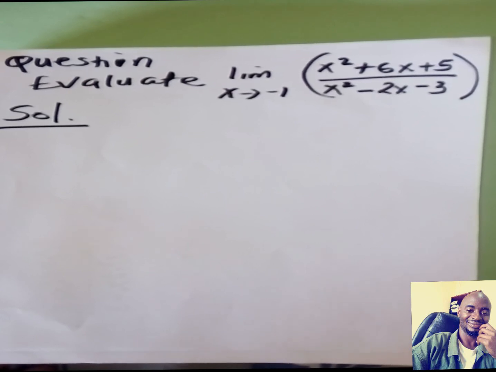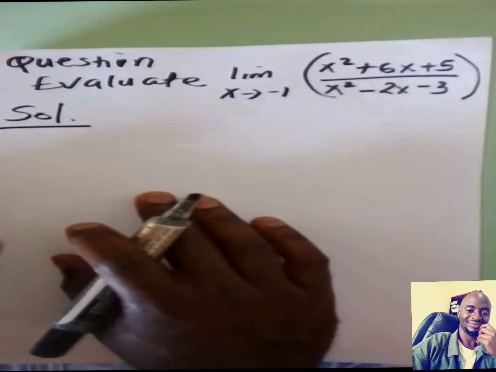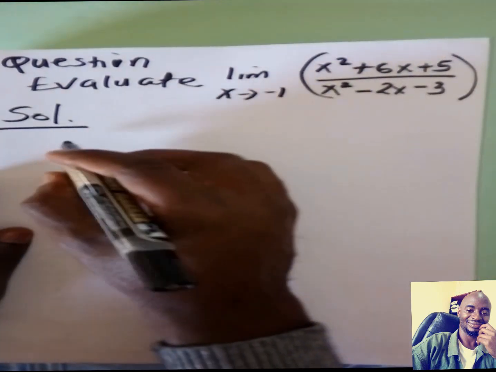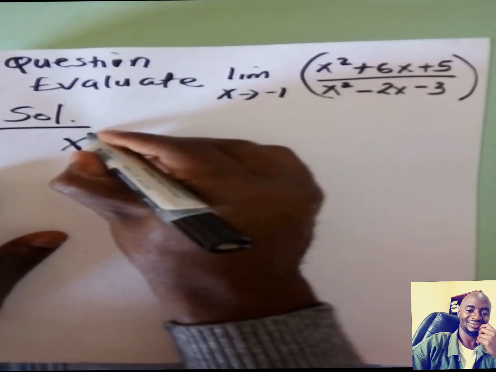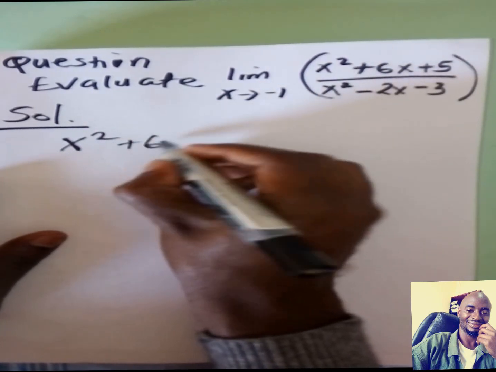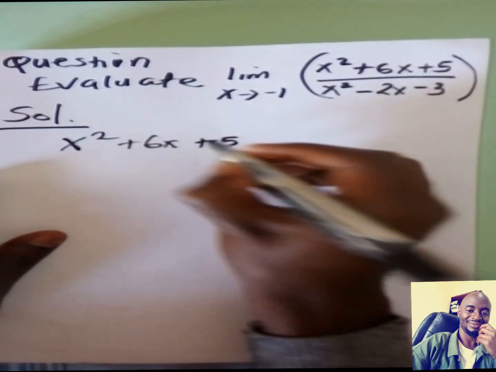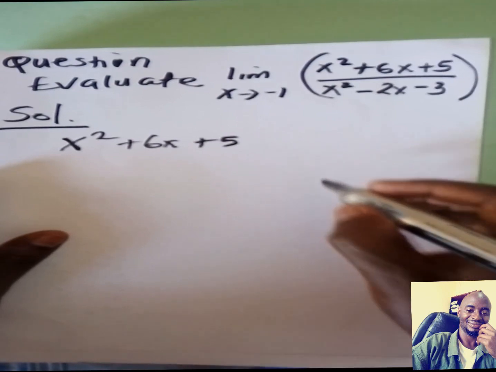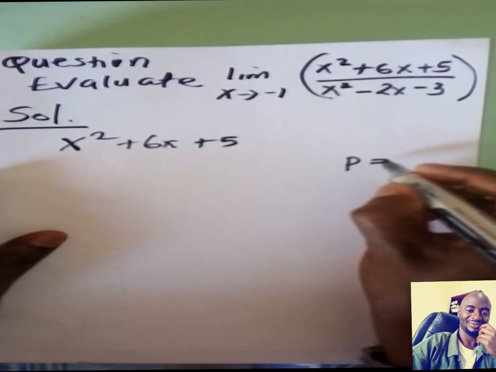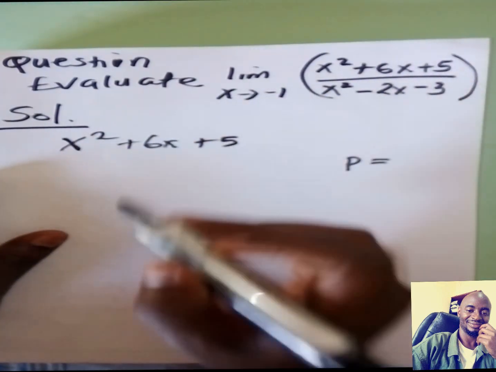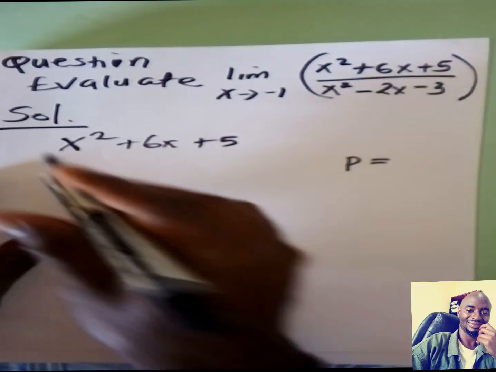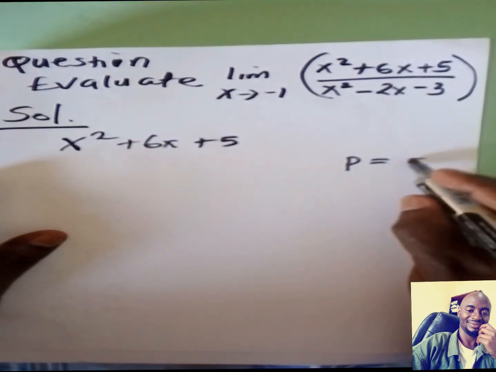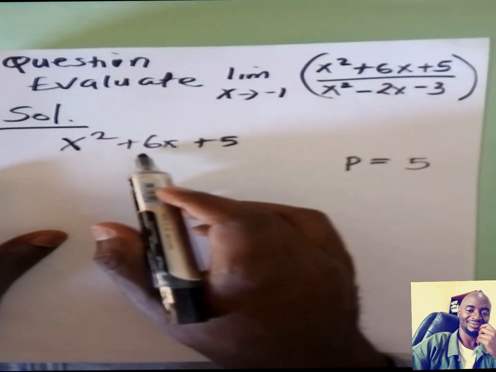Let me start by factorizing the numerator. In the numerator we have x squared plus 6x plus 5. The product is the coefficient of x squared times the constant term, so 1 multiplied by 5 we get 5.